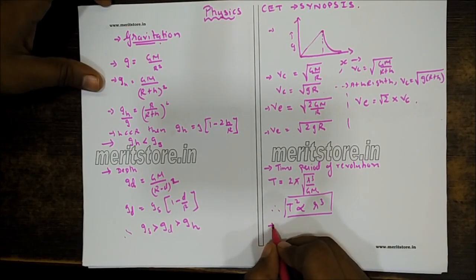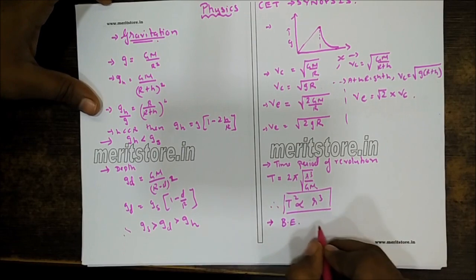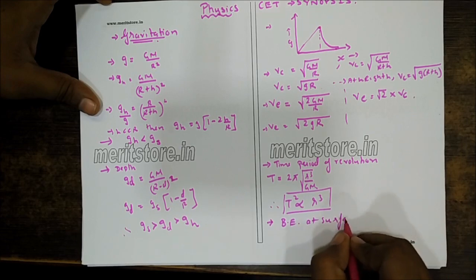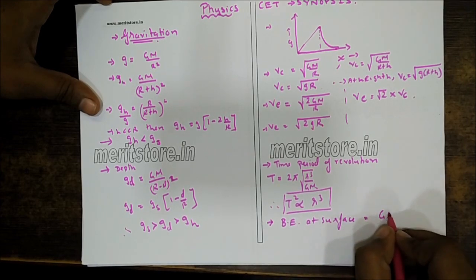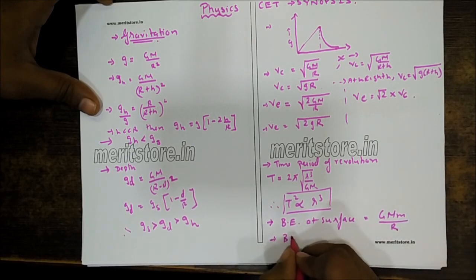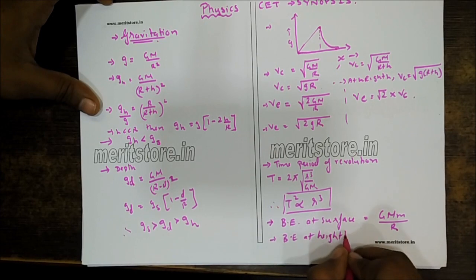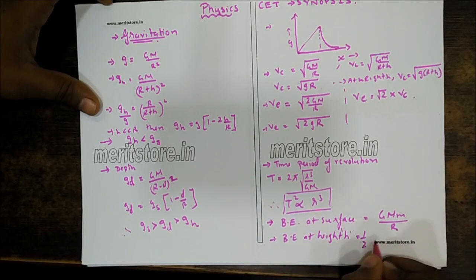Now another concept is binding energy. At the surface it is given as GMm upon R, while binding energy at a height h is given as half GMm upon (R plus h).